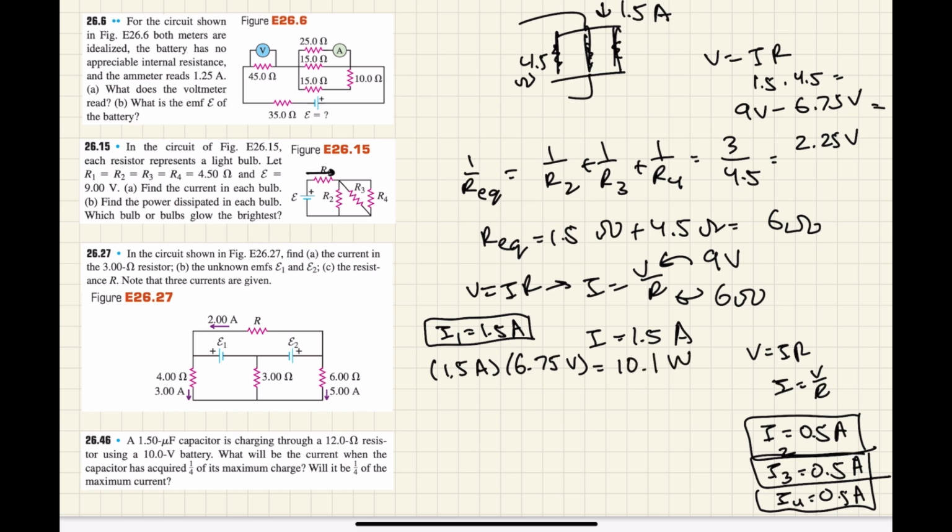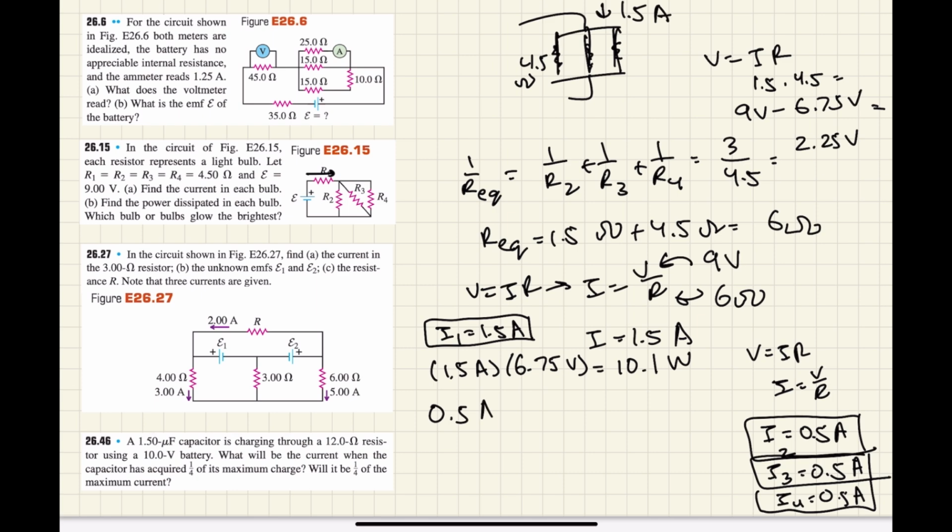For P2, for bulbs 2, 3, and 4, it's going to be equal to 0.5 amps times 2.25 volts, and that's going to be equal to 1.12 watts approximately. And so the brightest bulb is the one with the most power, and so that's going to be bulb 1 here because it has the most power going through.